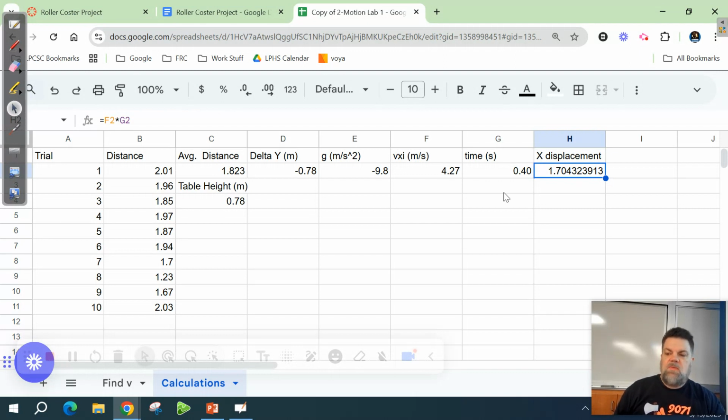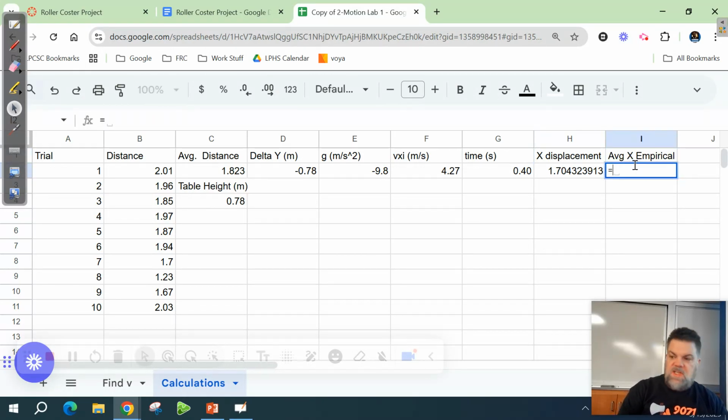And then the last thing we're going to do is we're going to compare that to our distances here. So then the next thing you would put is average x and then put empirical. Empirical means what actually happened. So this is like theoretical. This is empirical. So again, we're just going to take the average of all the distances that we shot here.